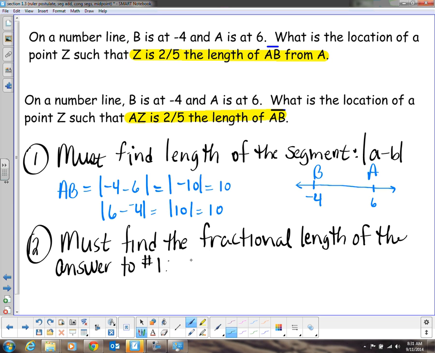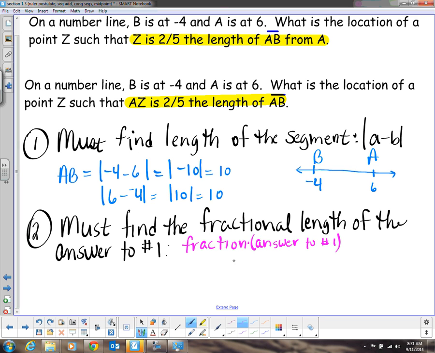And how do we do that? Let me do this in a different color. You will say fraction times, that's multiply, answer to number 1. That's how you do that.